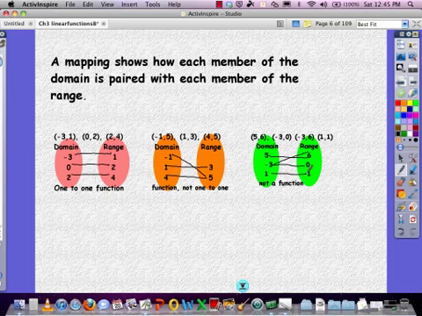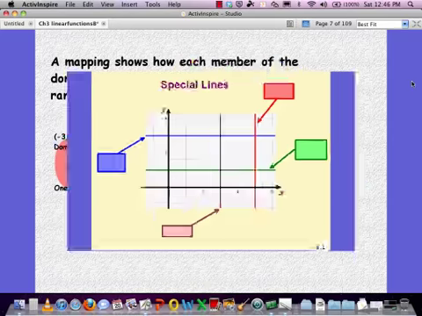So if you have a line going from one x value, and then you have another line going from that same x value to a different y value, you definitely do not have a function. So this is just another way to show those relationships. You might see some pictures, arrangements like this in this chapter.